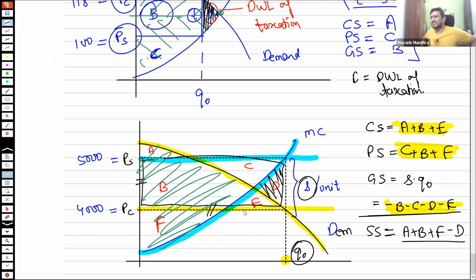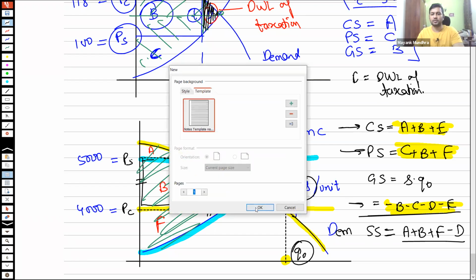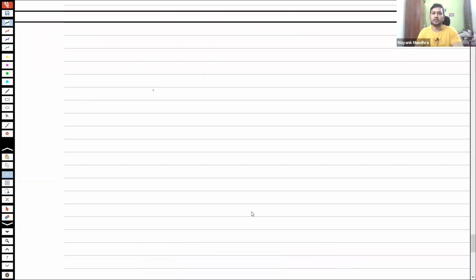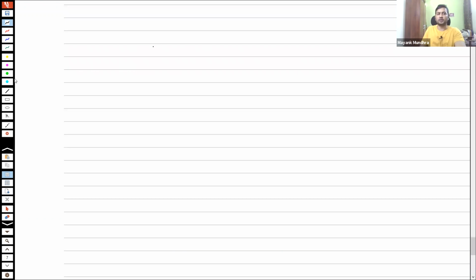Now, finding social surplus is very easy always. It is these individual parts which are going to be tricky at times. Finding social surplus is just you look at the demand curve, the marginal cost curve, and the total quantity being produced.